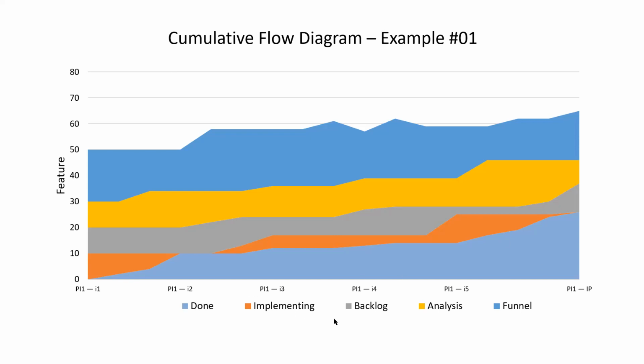So the graph on this screen is starting from funnel, the dark blue, and then analysis, the orange or whatever the shade, then gray is backlog, then implementing, maybe amber, and then light blue is done.